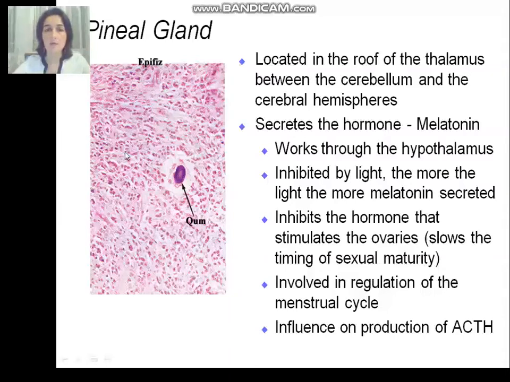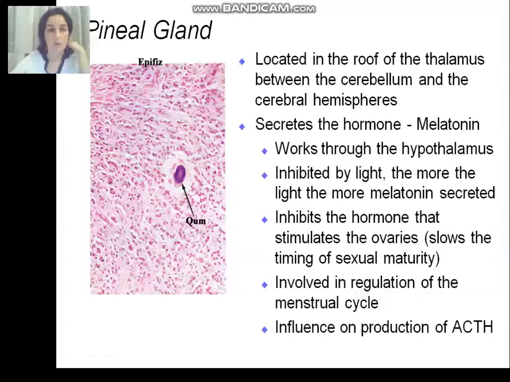Pinealocytes have processes which come in contact with the blood vessels, and they produce their hormones, mainly melatonin, into the blood circulation. Interstitial cells are glial cells, which are supporting cells.